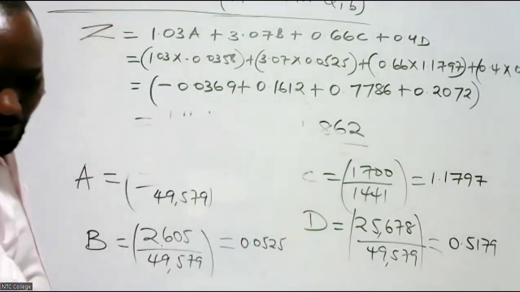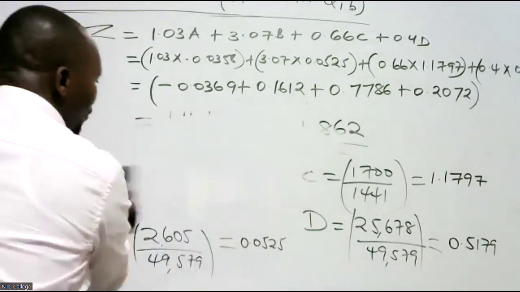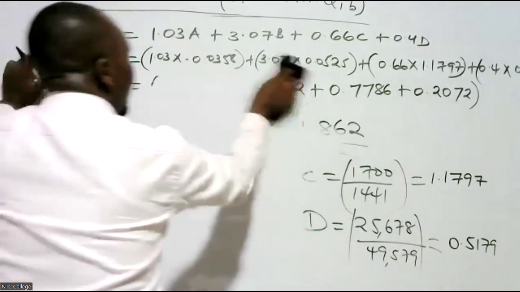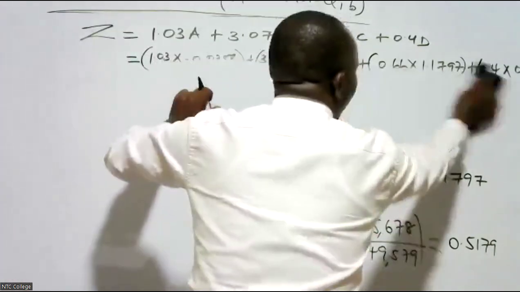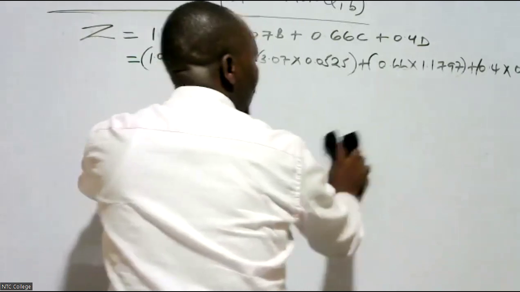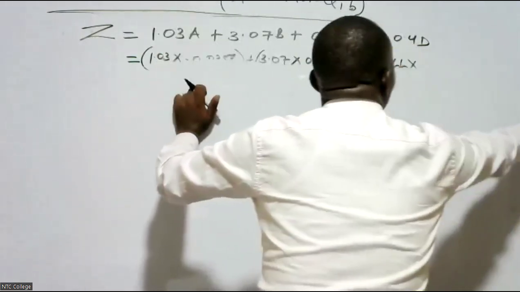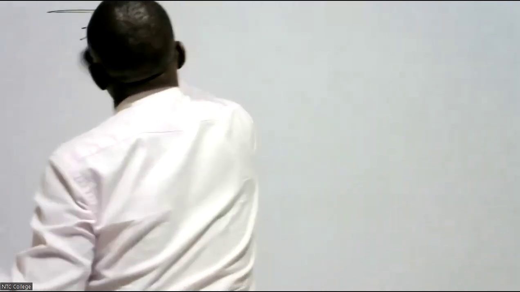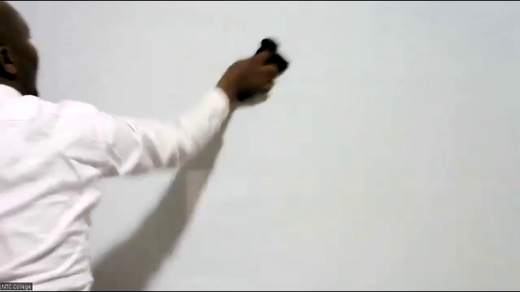It is called financial risk management. How do you manage risk in financial management? Instead of borrowing in one country, you can borrow in another to manage risk. So let's meet tomorrow and cover that area.